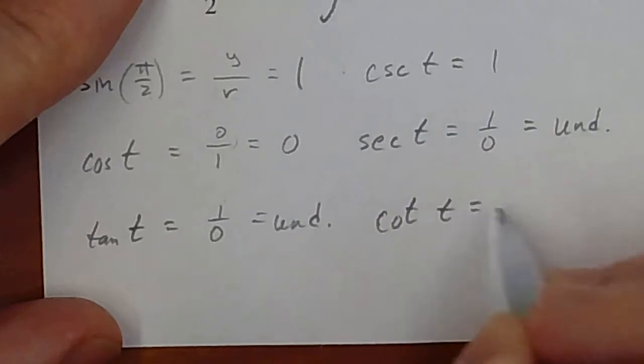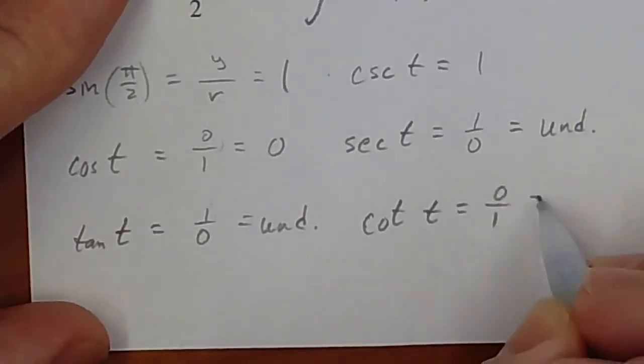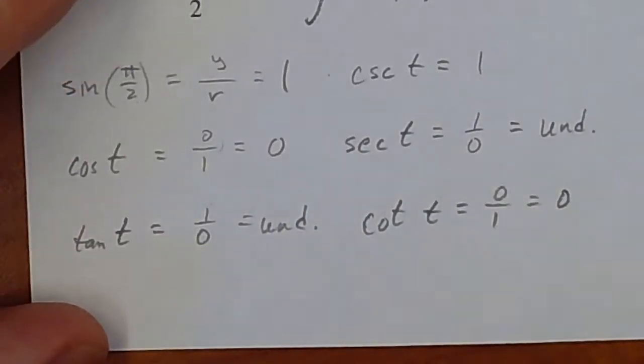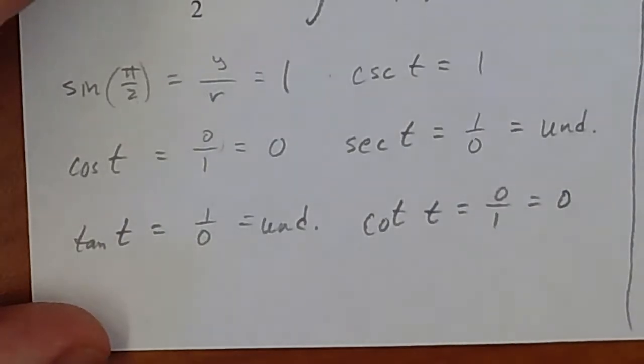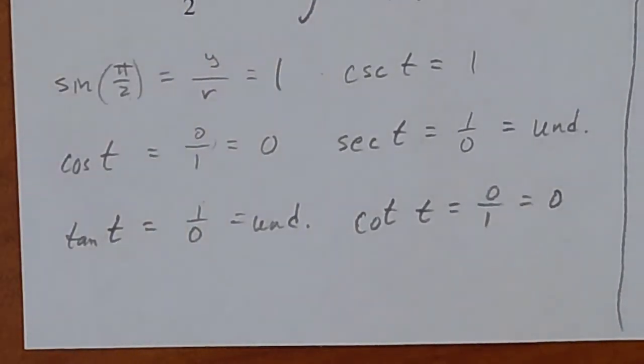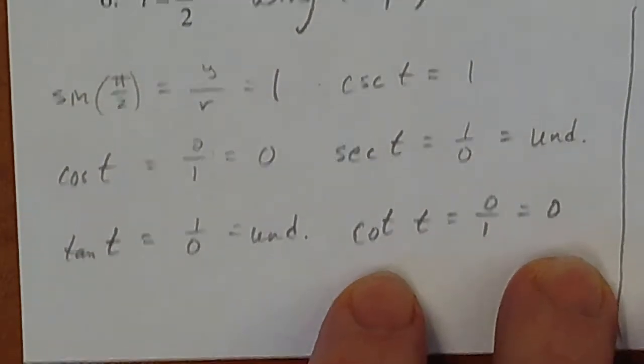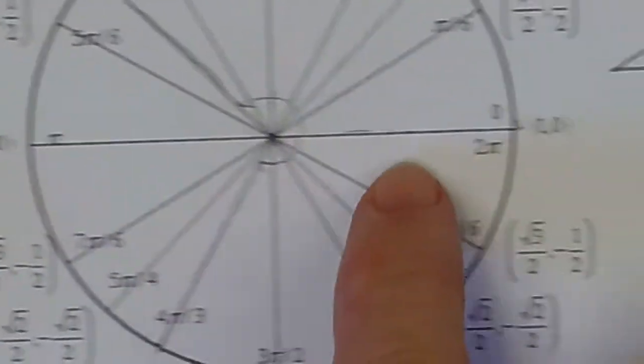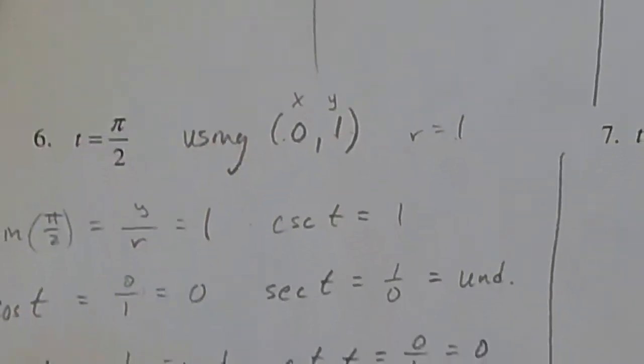So I wouldn't say this one's undefined, because we'll have 0 over 1, which is 0. So that's a quadrantal angle. Any of the quadrantal angles, if you notice up here, they involve zeros and 1s, right? 0, -1. This is -1, 0. So similar math, but obviously the coordinates will change a little bit.